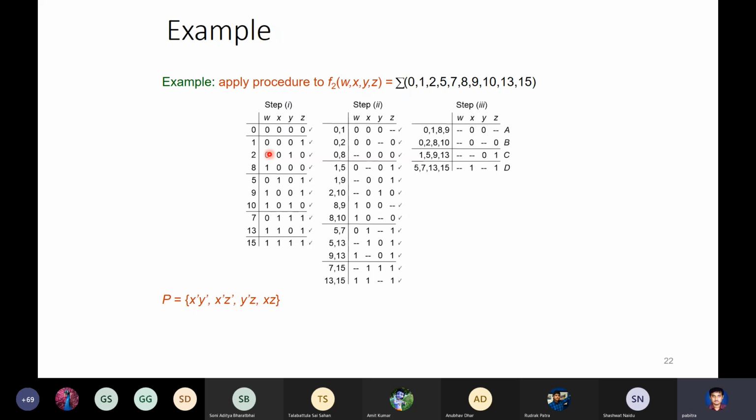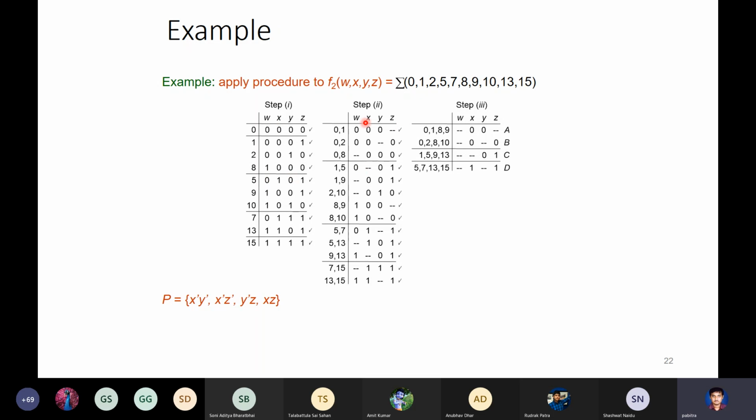You can match them if they differ in only one variable. For example, 0 and 1 are matching pairs because they differ only in Z. Similarly, 0 and 2 are a matching pair because they differ only in Y. Similarly, 0 and 8 are also a matching pair because they differ only in W.